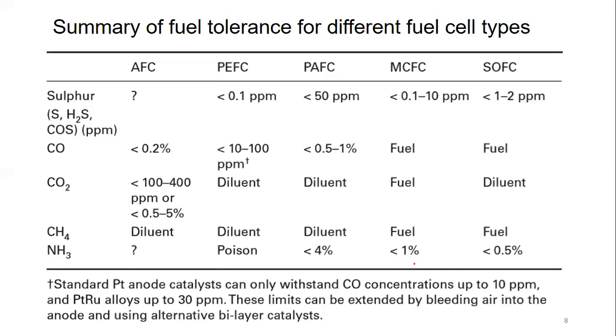Then we also know that there are other kinds of fuels we can use, like carbon dioxide, methanol, ethanol, ammonia. Whenever we are using these, you should keep the whole mechanism in mind.